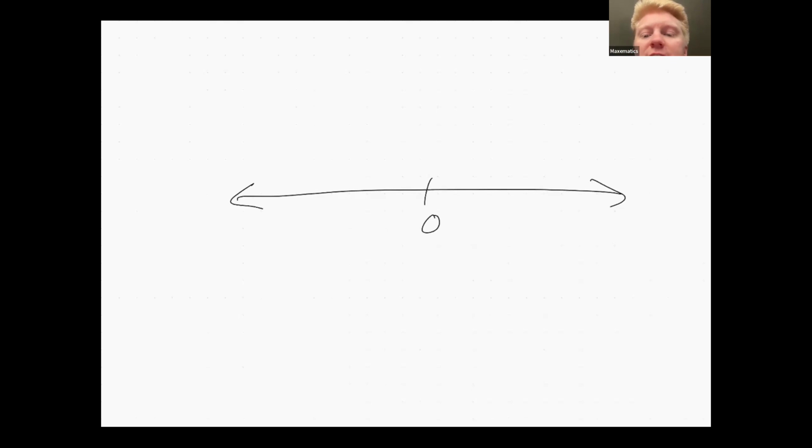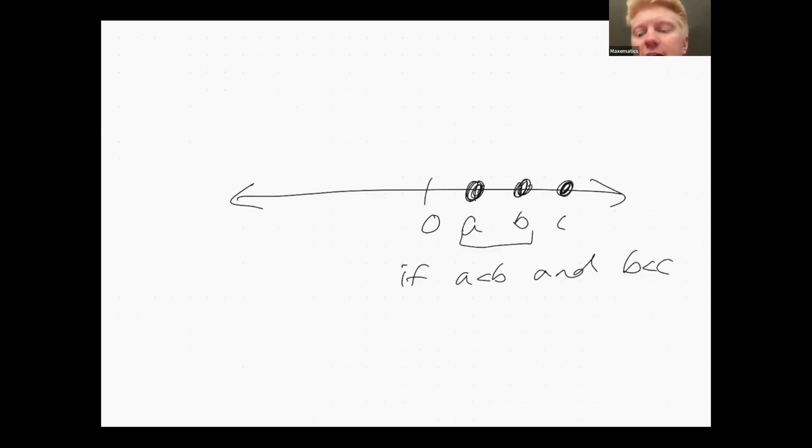Transitive property said that if A is right here, and B is right here, and C is right here, if A is less than B, and B is less than C, if A is to the left of B, which it is, and B is to the left of C, then A has to be less than C. And that makes sense because A is to the left of C.